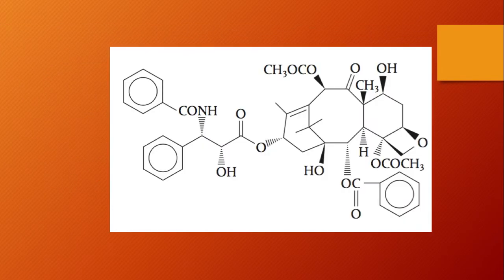Okay, so here is a picture of Taxol. It is quite a large drug with many different functional groups, and within this there are 11 chiral carbon centers.